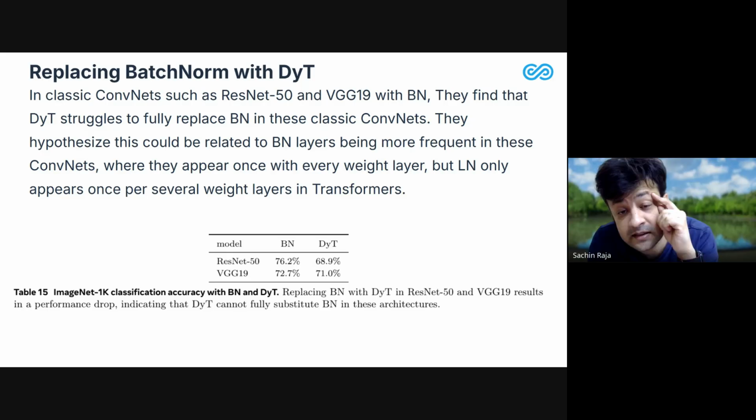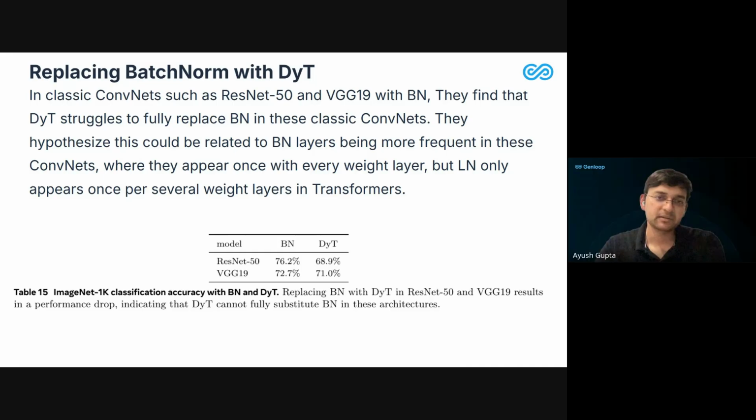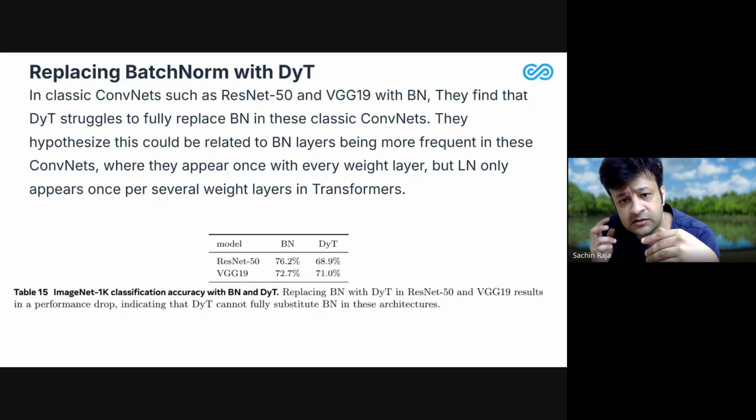Okay, another thing. In batch norm, essentially the normalization is happening for each activation across the batch dimension, right? And the batch dimension generally for ConvNets would be at the max, let's say 4, 8, or 16.